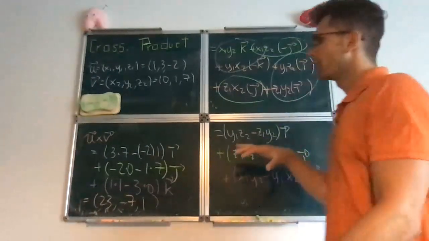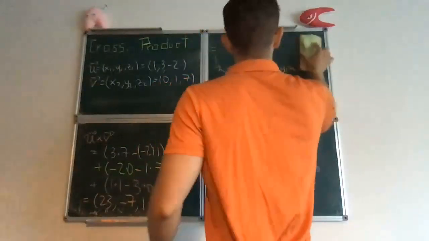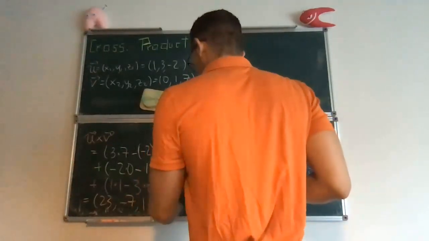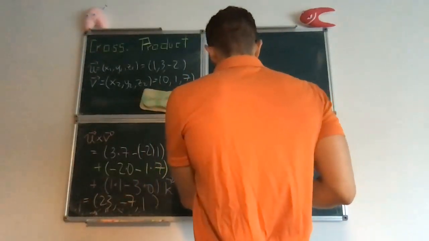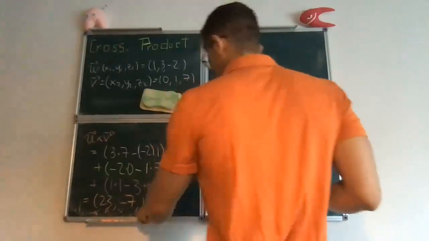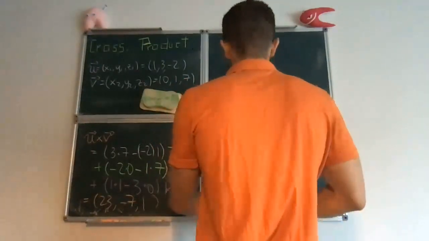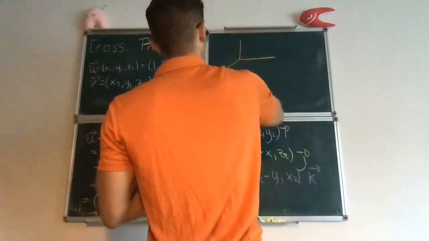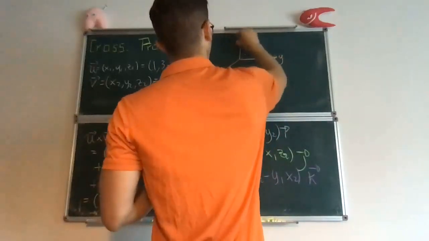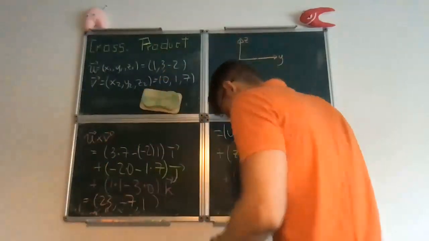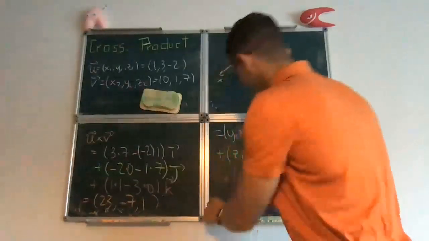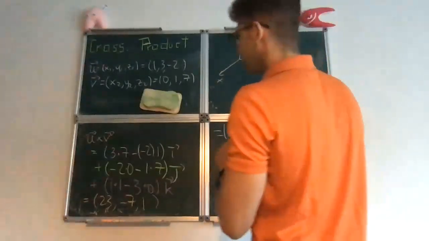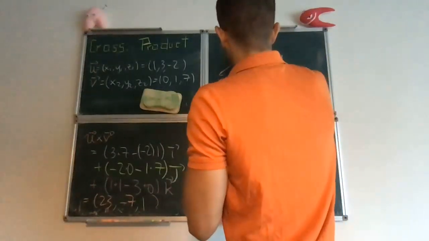but maybe as a preamble for that, let's just make a special case of this formula, which is, let's say that you were actually working in space, but now your vectors happen to be aligned along the xy plane.